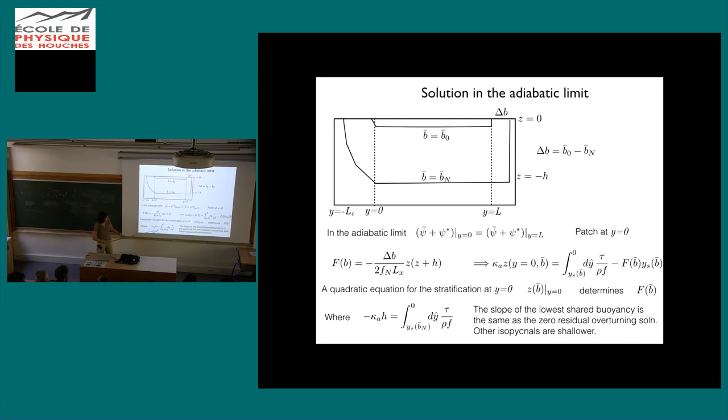And it depends on the integral of the wind stress over this range of isopycnals, and of course the diffusivity of the eddies in the channel. That is actually the same answer that we found for zero residual circulation, because in fact we're calculating the slope at the zero residual circulation point. That's why I thought it was useful to do that first.